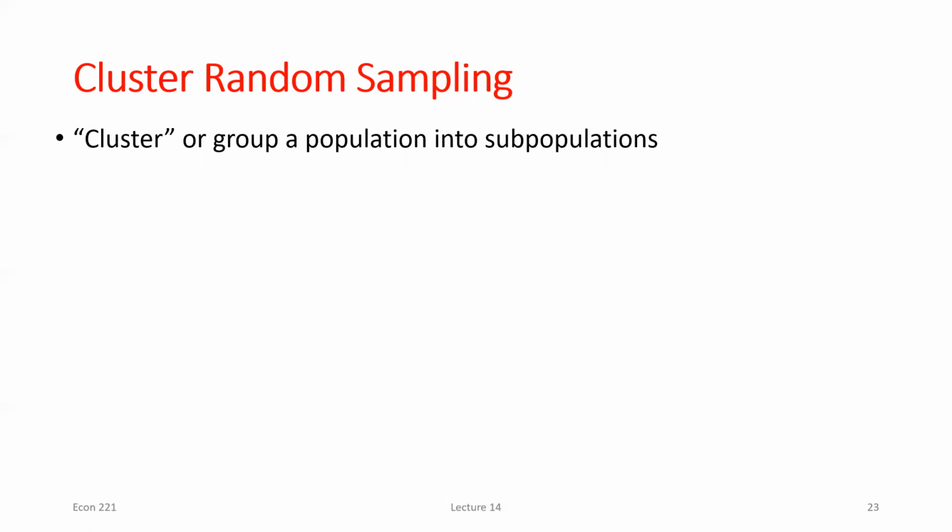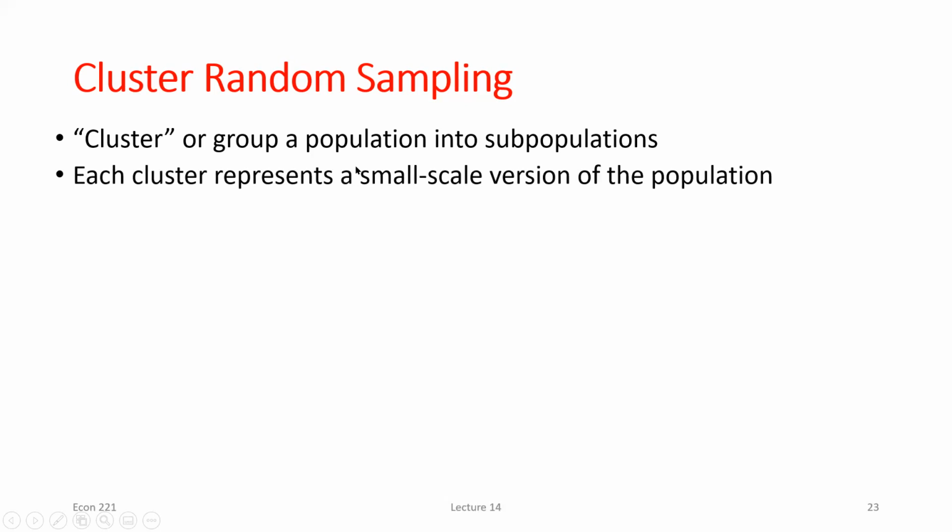Instead of looking at every single person in a big city and sampling them, maybe I'll look at the top 50 big cities and randomly sample 2 people from each one of those big cities, right? Each big city is like a subpopulation, or a representative scaled version of the population as a whole. Like each large city represents every large city in the US. And so maybe I do something like that.